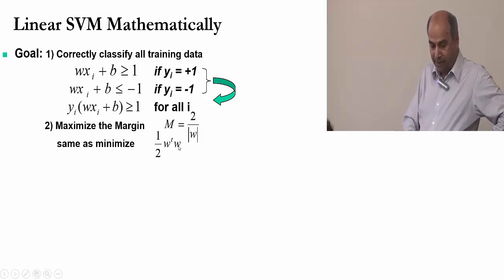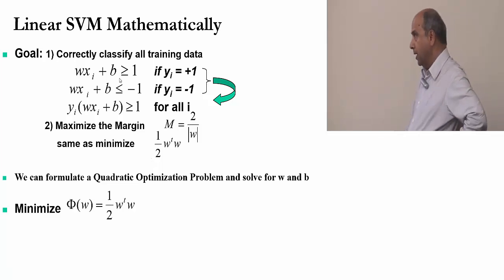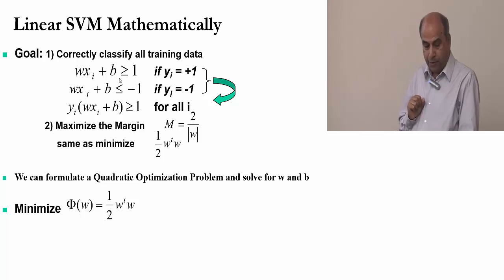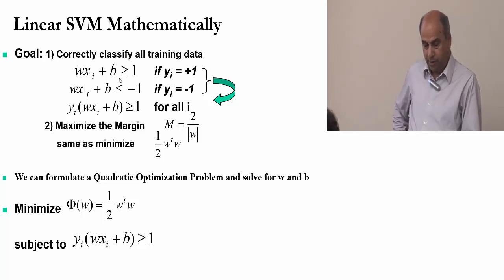So maximizing this is the same as minimizing this with the constraints shown here, and that will become a quadratic function, because you take a vector and find the dot product of itself, it's a quadratic term. You say x, y and x, y, x squared plus y squared is quadratic, power 2. So then these are the constraints.